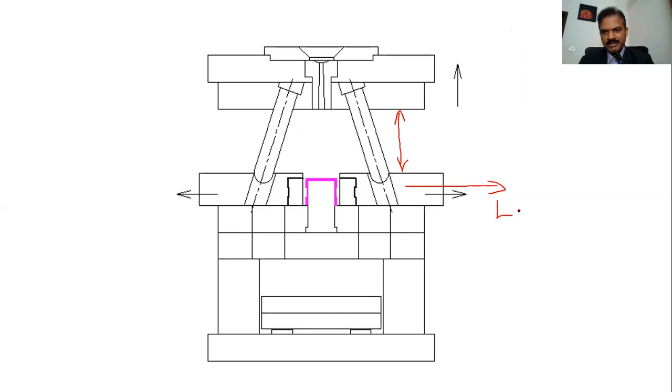Lateral movement. Hope this is clear. Now because the slides have drawn apart, it has got out of the undercut. Now you can inject the part. Clear?